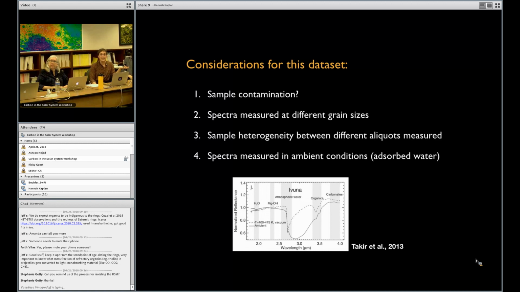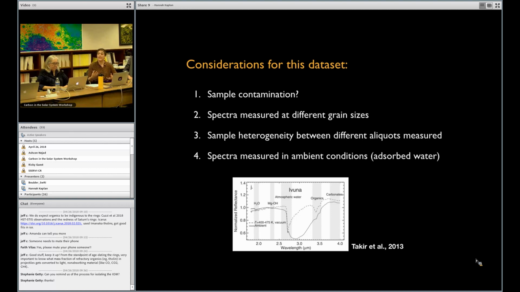Typically, the people measuring them for RELAB were not interested in the organics, and so did not treat them in the same way an organic chemist might. The spectra were measured at different grain sizes, and like I said, particle size can affect band strength. All of these are less than 500 microns, and most of them are less than 75 microns, but they're still bound to be scattered because they're measured at different grain sizes.